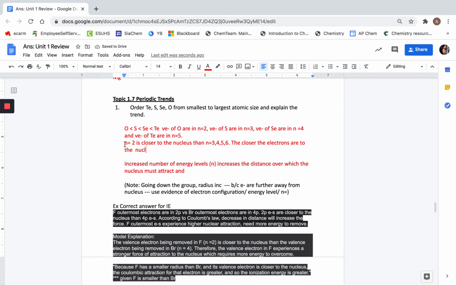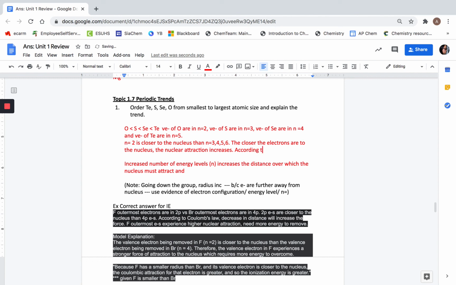Let me just rewrite it the other way around. You can say it this way: the more nuclear attraction increases. Depending on the question, you might have to say Coulomb's law.